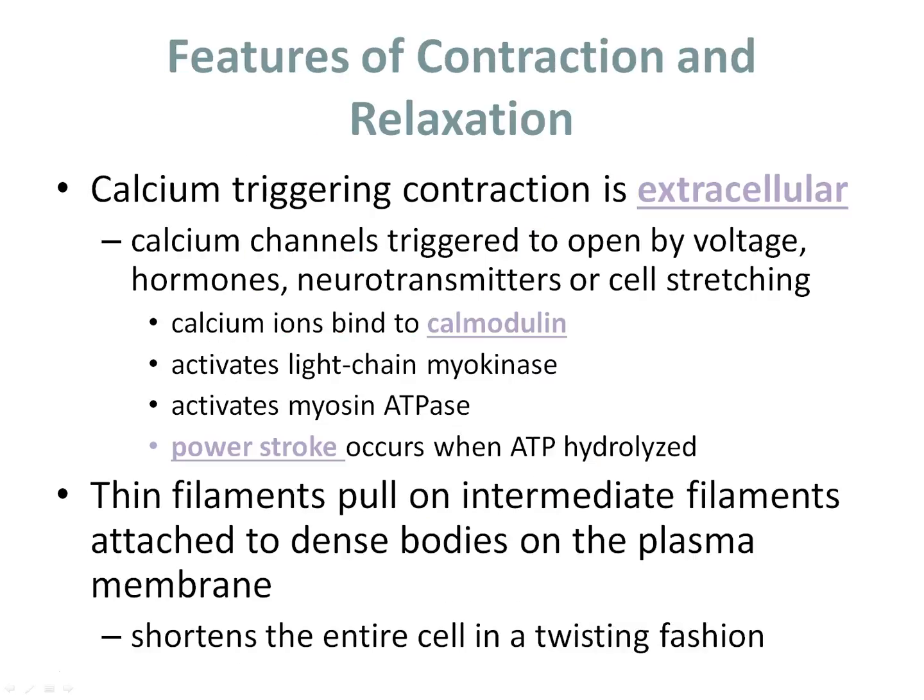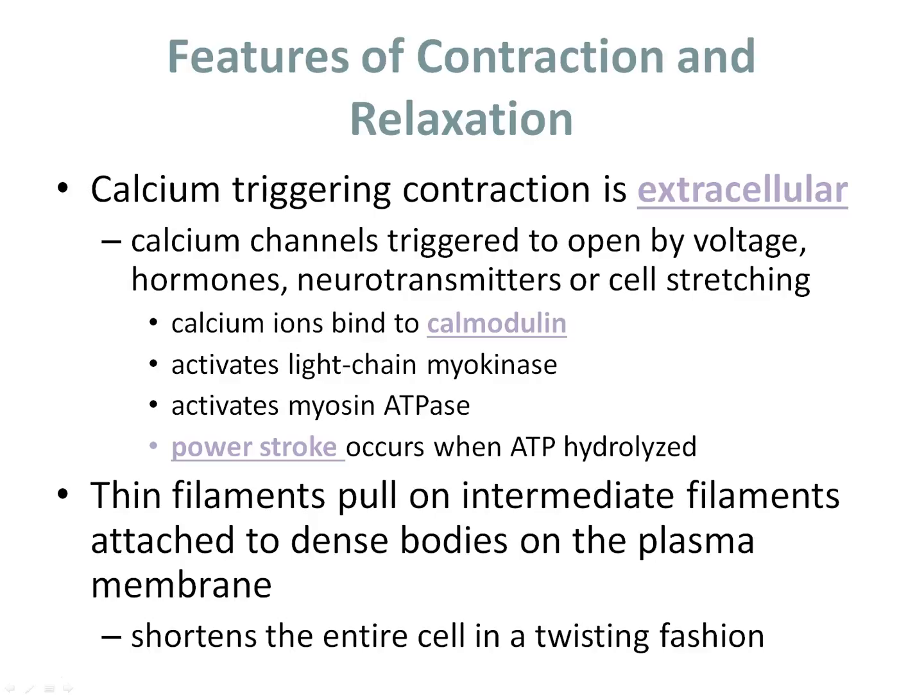Features of contraction and relaxation in smooth muscle are unique to smooth muscle. This is one of the things that makes smooth muscle really interesting. As I said before, the calcium triggering the contraction is from the extracellular fluid. These channels that let in calcium are triggered to open by voltage, hormones, neurotransmitters, or cell stretching.